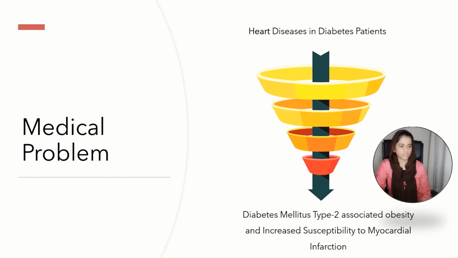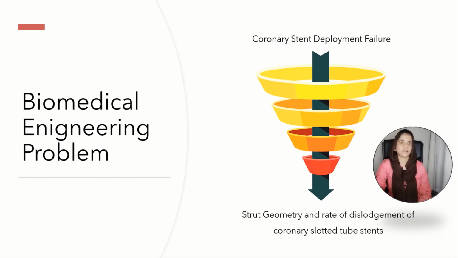Now moving on to the engineering problem. Likewise, you did detailed research on cardiac stents, and you studied that strut geometry varies in different brands, and there are dislodgement issues associated with slotted tube stents. So your common observation before literature search was stent deployment failure, right?